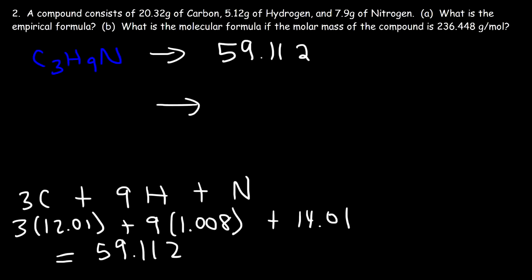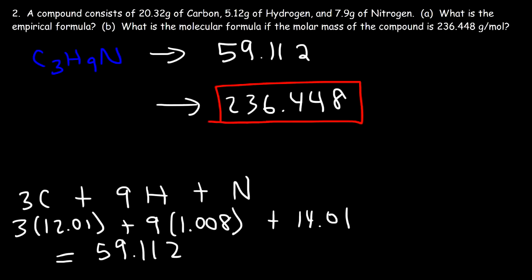Now we need to find out the molecular formula that corresponds to 236.448. So what you want to do at this point is take the molar mass of the molecular formula and divide it by the molar mass of the empirical formula. 236.448 divided by 59.112, that's equal to 4.